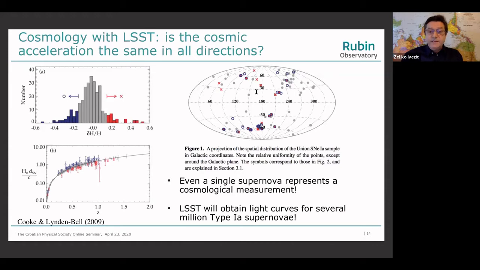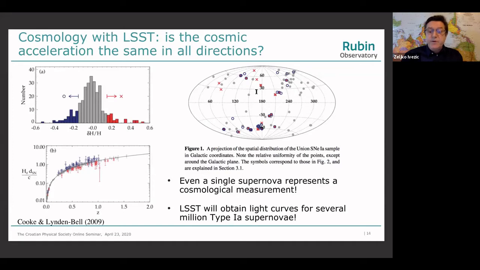They did not find anything because their sample was small and the precision of these measurements 10 years ago was not very high. But with LSST, we will have several million points in this diagram, and each point will be a much more precise measurement than 10 years ago.